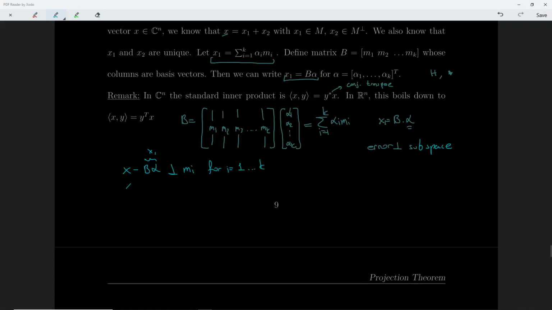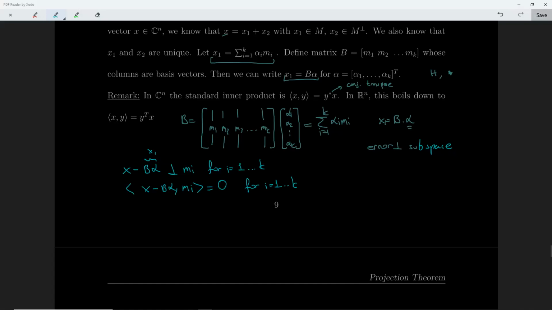And so we will write the equations for this inner product: x minus B alpha and mi is equal to 0 for i from 1 to k.